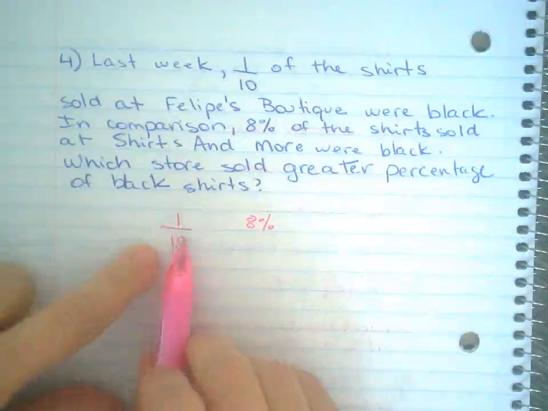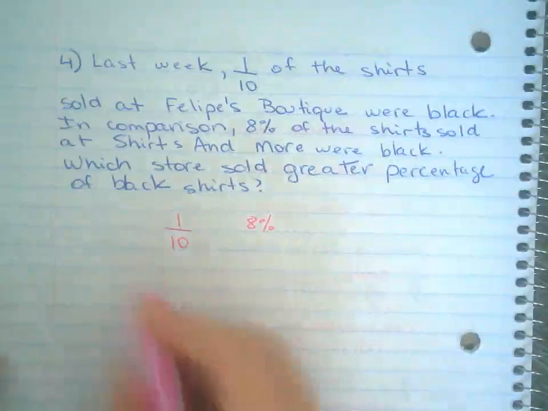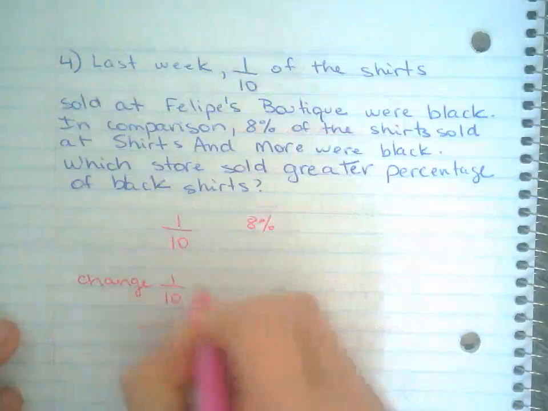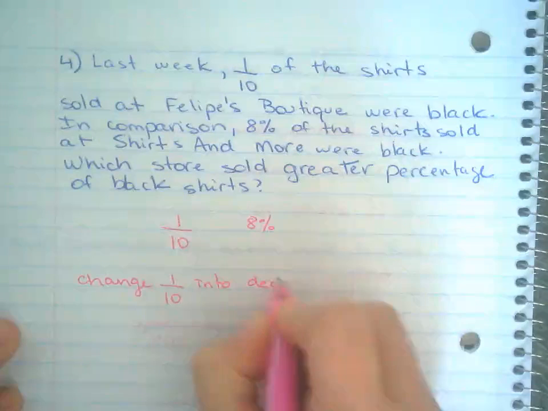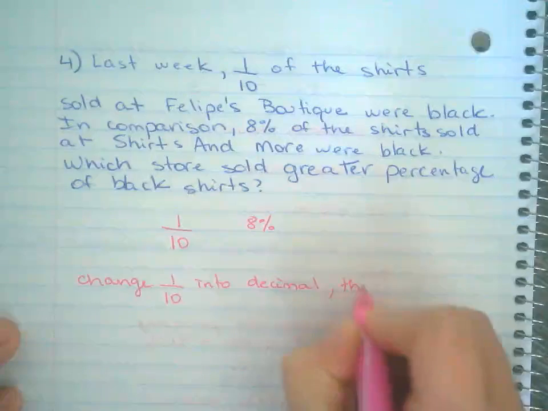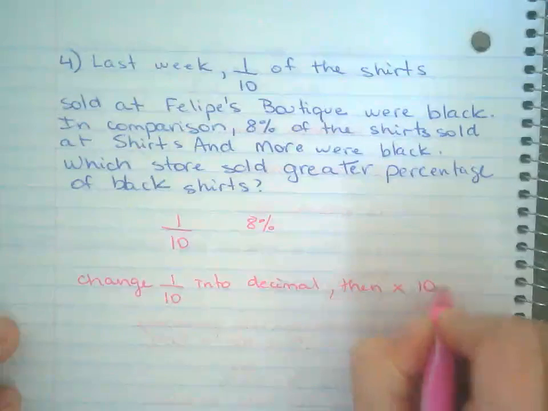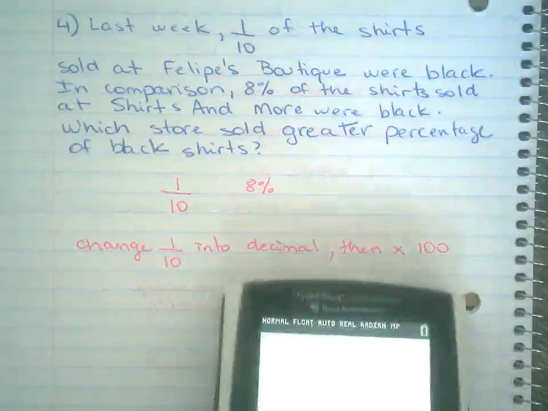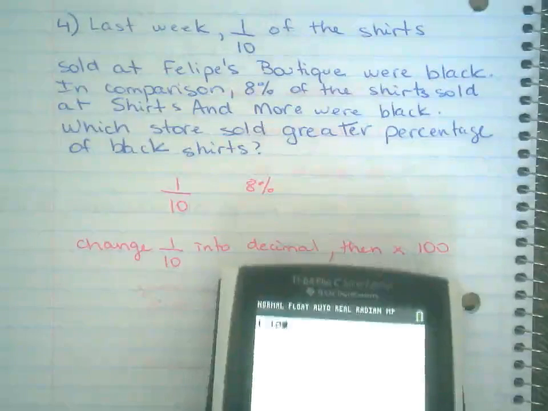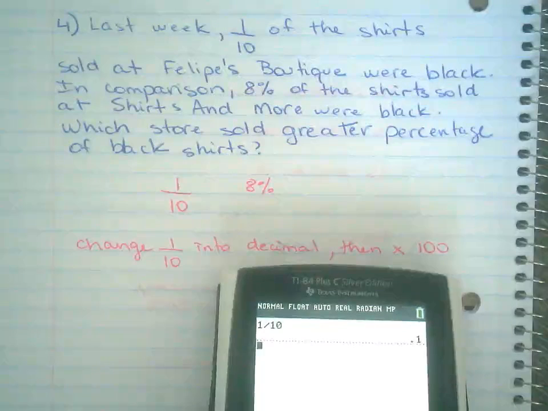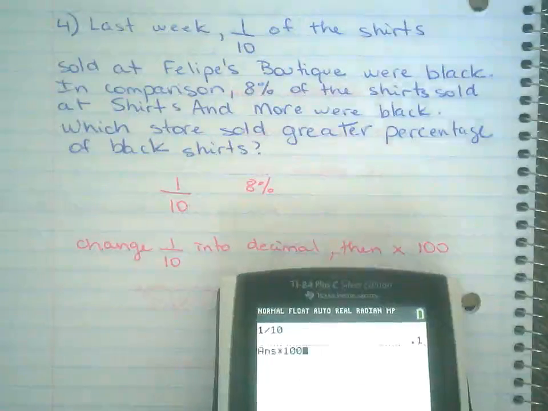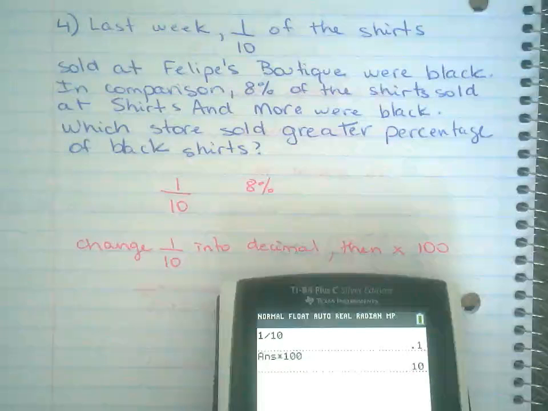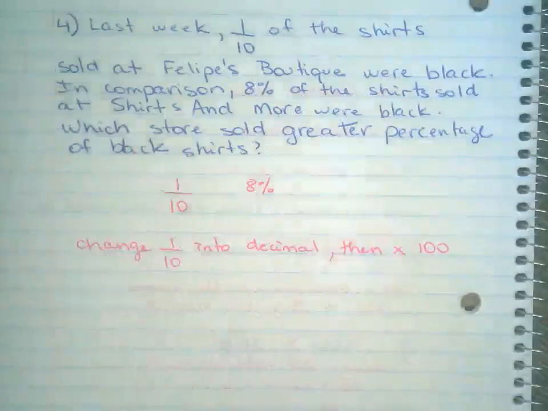We have to change that into a decimal and then multiply by 100. Handy dandy calculator here: 1/10, that's my decimal, times 100. That's 10%. So 1/10 is the same thing as 10%.